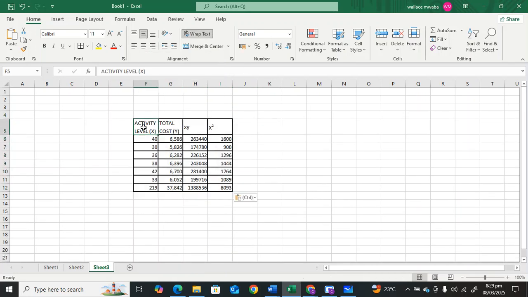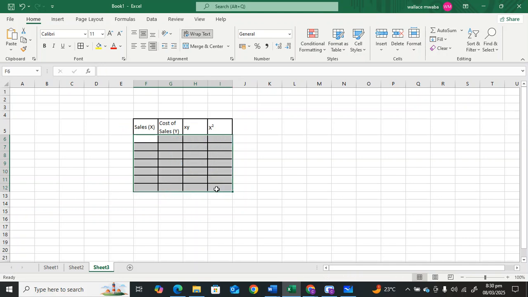Here it's not activity level, it's going to be sales. Here it's not going to be total cost, it's going to be cost of sales. So our Y is cost of sales, our X is sales. Here we need to put the month.